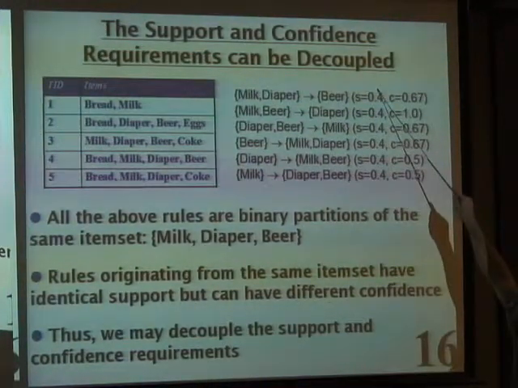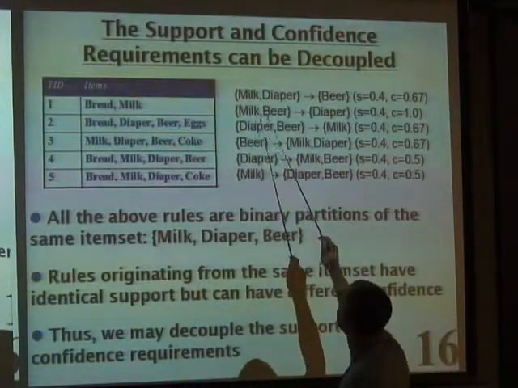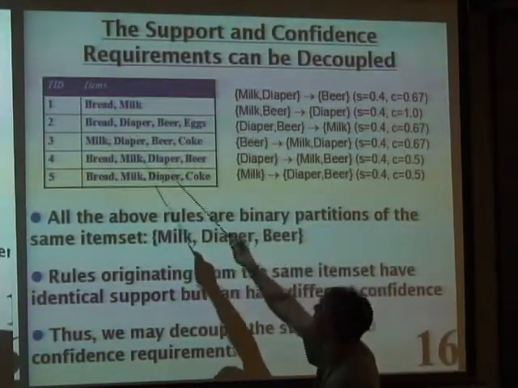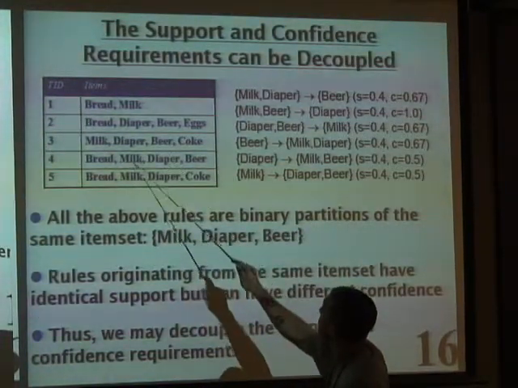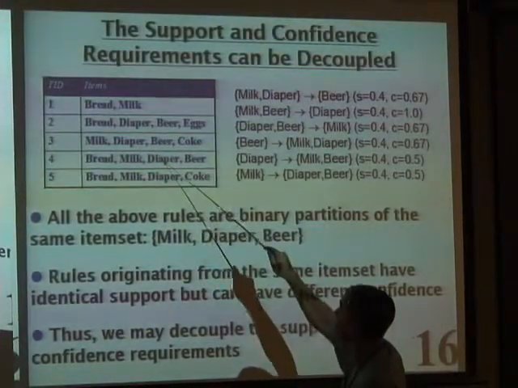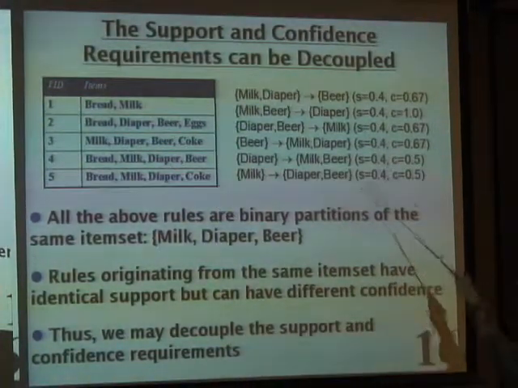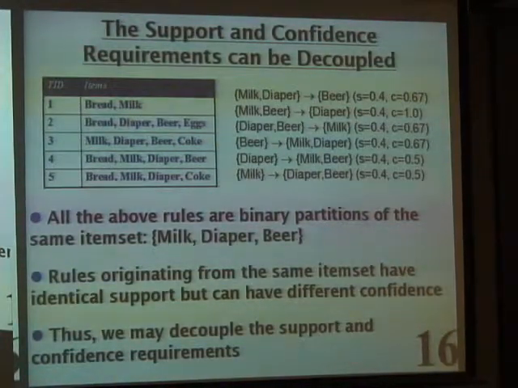They're all going to have support of 0.4, because for all of them, you're simply looking for milk, diaper, and beer. So you say milk, diaper, beer is there, milk, diaper, beer is there, and then it's not here. So all of these have support 2 out of 5 or 0.4. Doesn't matter where the arrow is, doesn't matter what's on what side. The way support is defined, it's going to be the same for all of them.